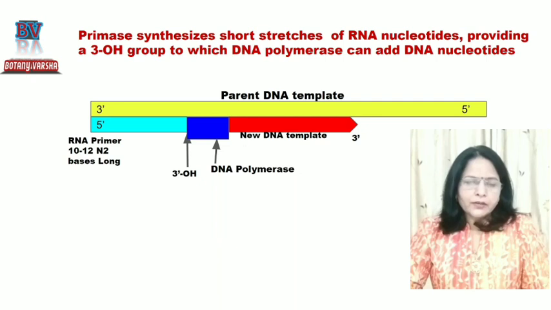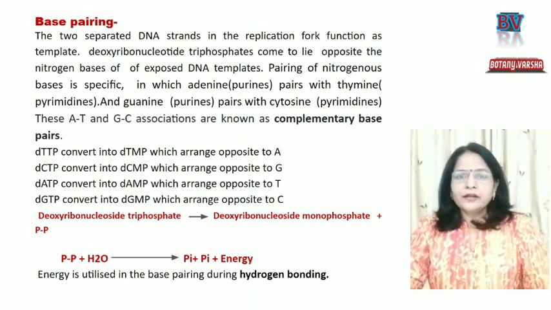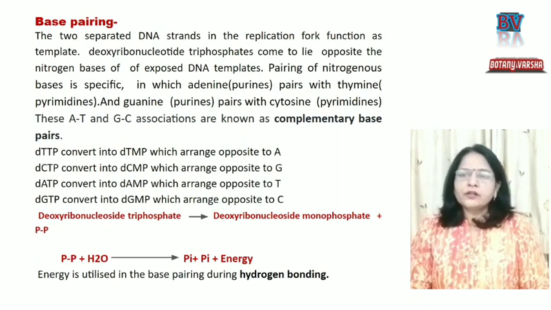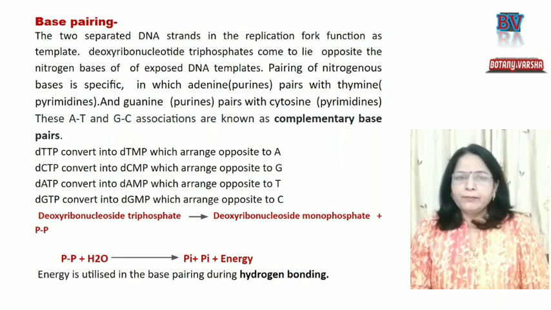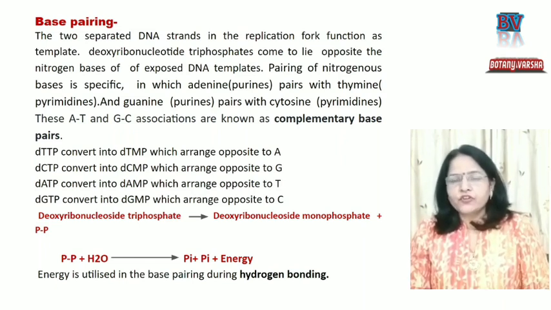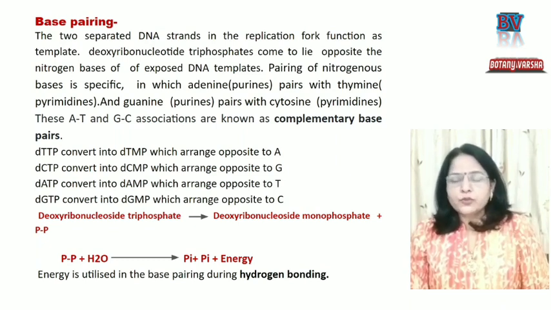The next point is base pairing. The two separated DNA strands in the replication fork function as templates. Deoxyribonucleotide triphosphates come to lie opposite to the nitrogenous bases of the exposed DNA template.